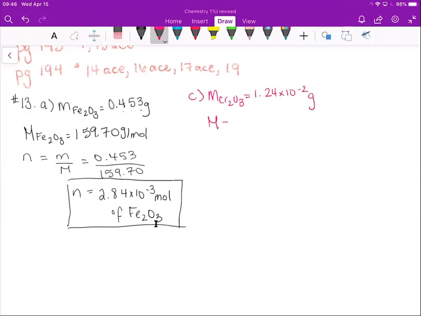I'm going to first calculate my molar mass: 52 times 2 plus 16 times 3, 152.